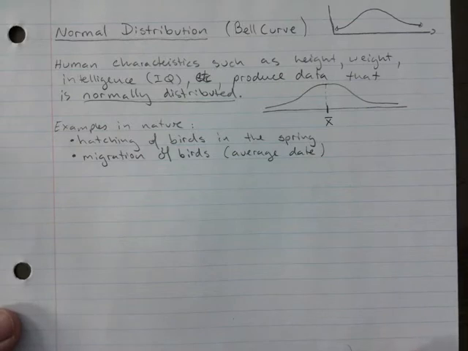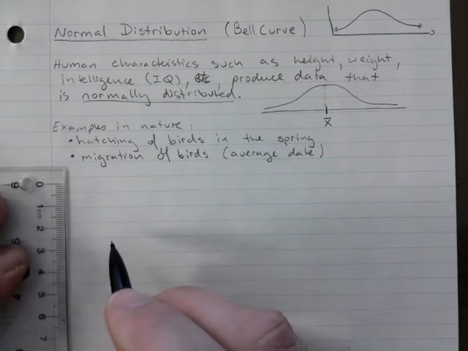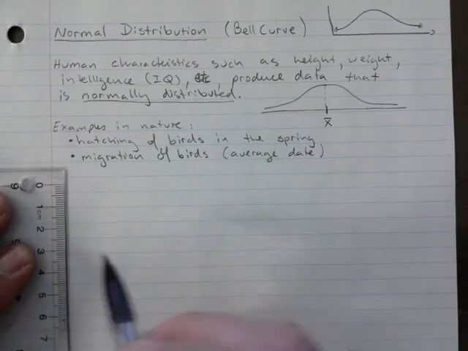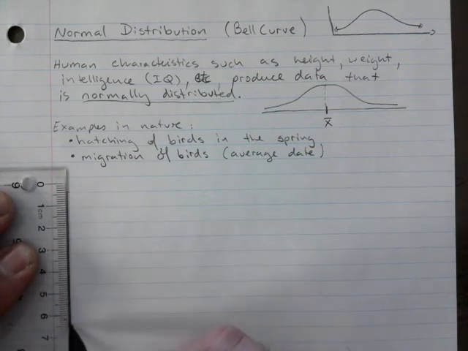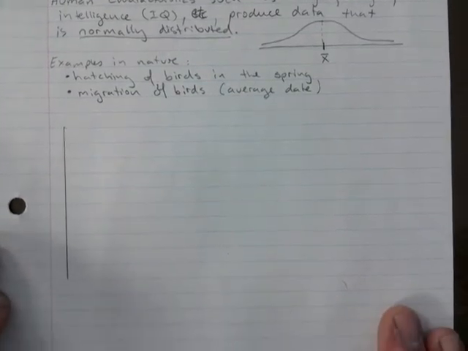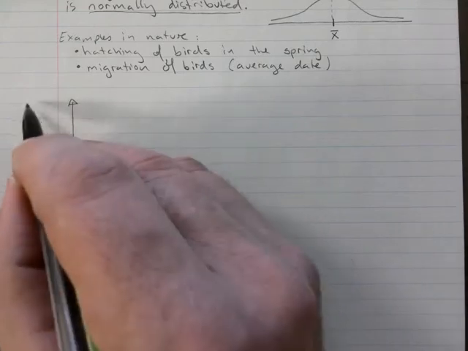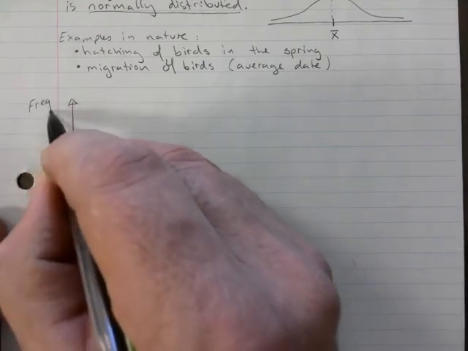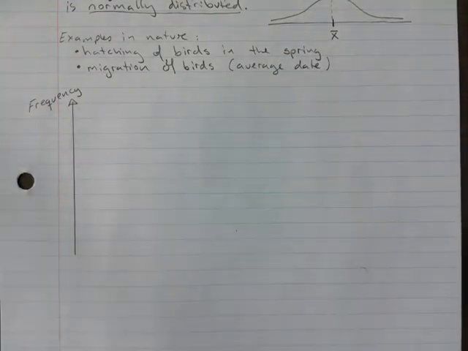So here we have a graph. So if you have a ruler, this is where you want to make sure you have it. So you have your y-axis, right? That is what we refer to as the frequency, how often it happens, right?